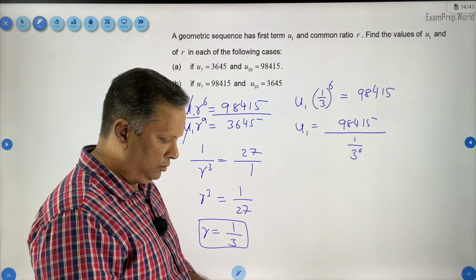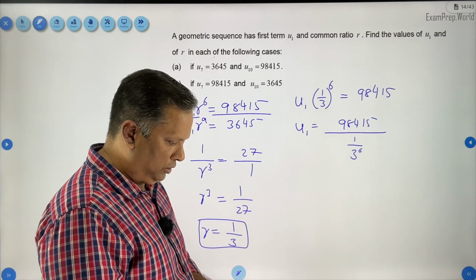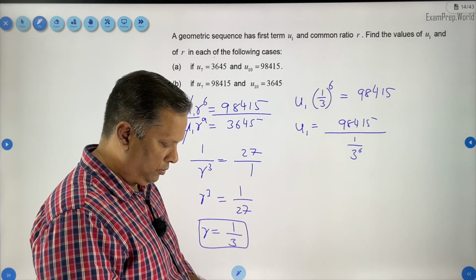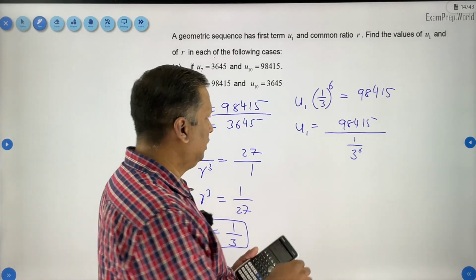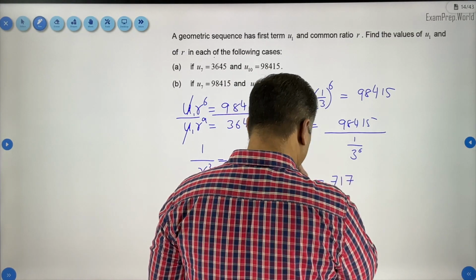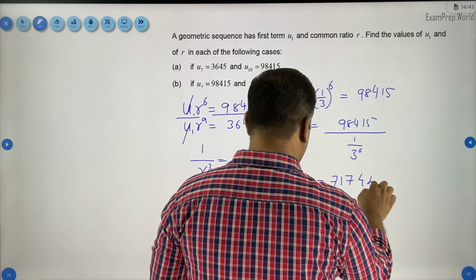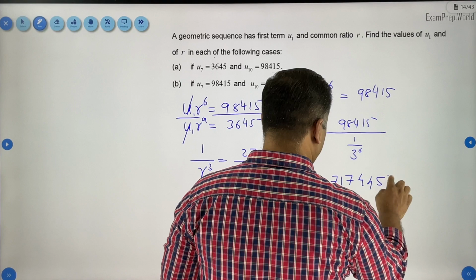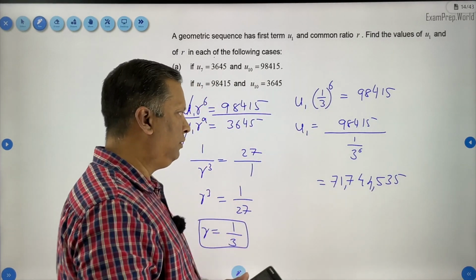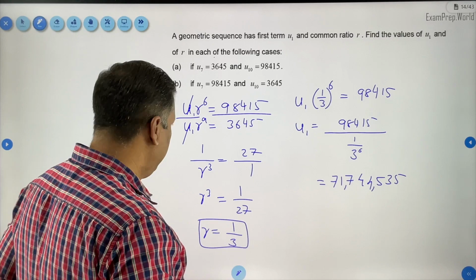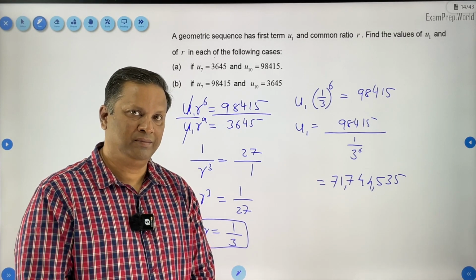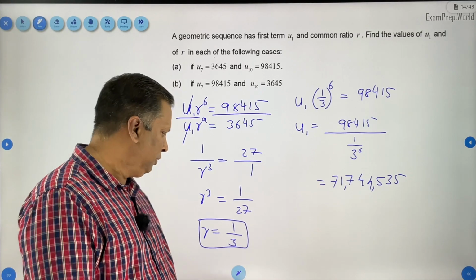So let's do that. 3 to power 6 times 98415. It should be a very big number. Yeah, it's a very big number. It is 71,744,535. That's our answer. Okay, understood this type of question?